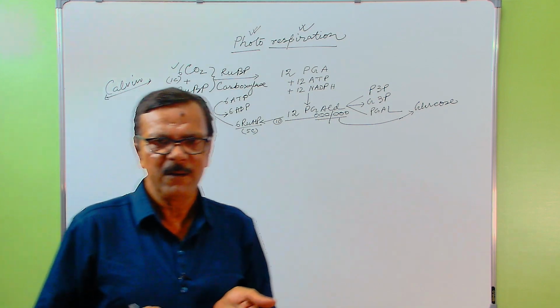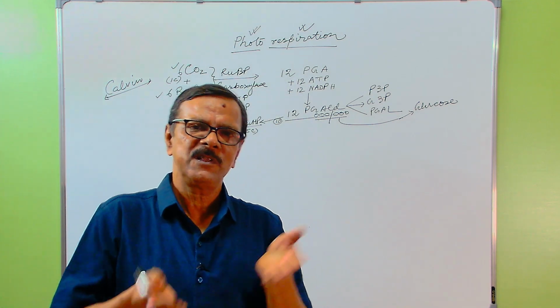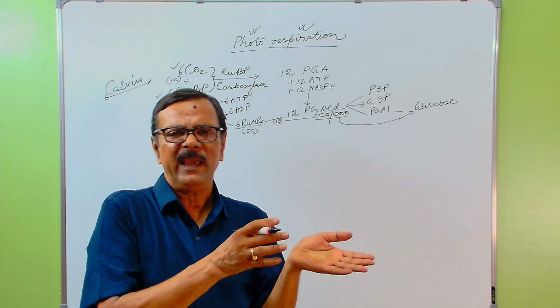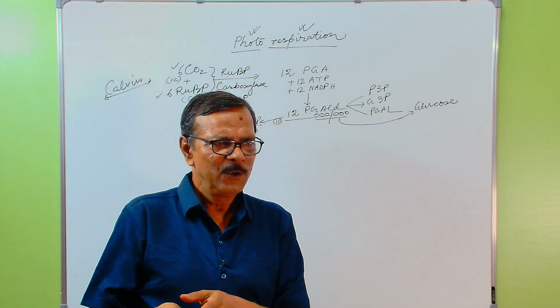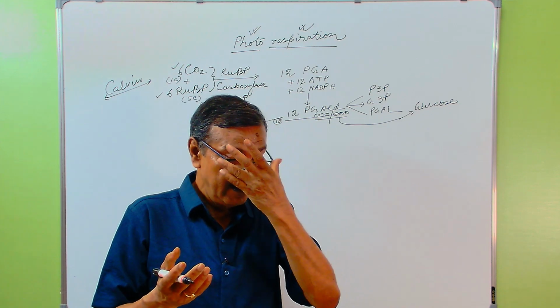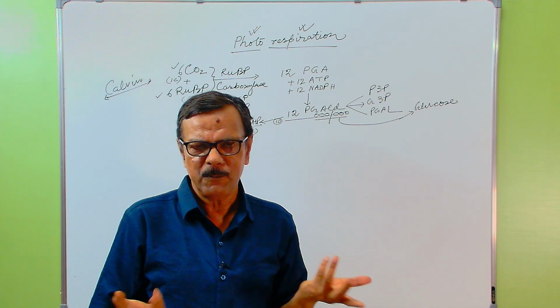As we respire in the day and in the night, plants also respire in the day and in the night. So earlier they were of the view that the rate of respiration is almost the same.